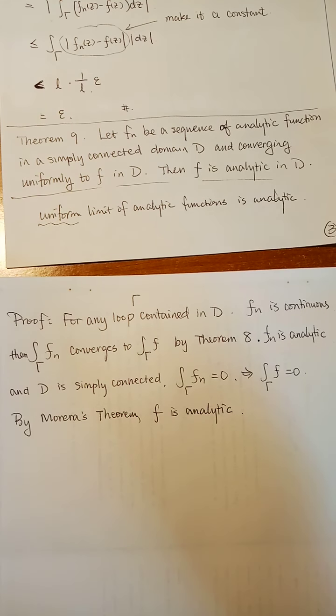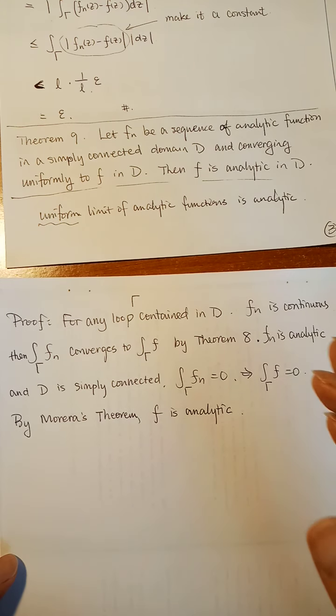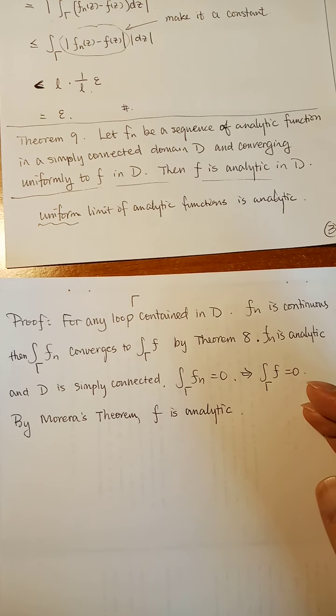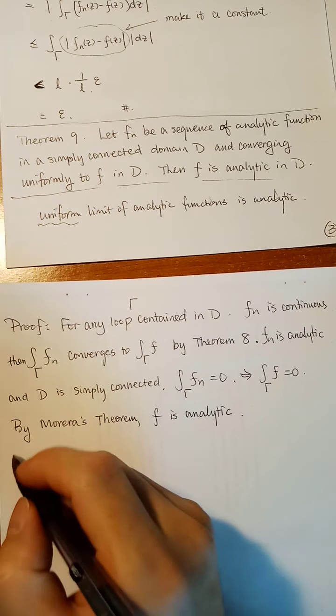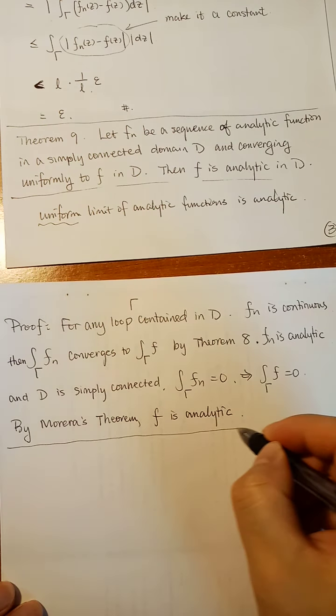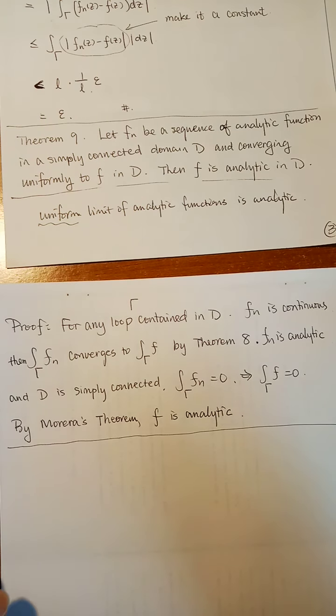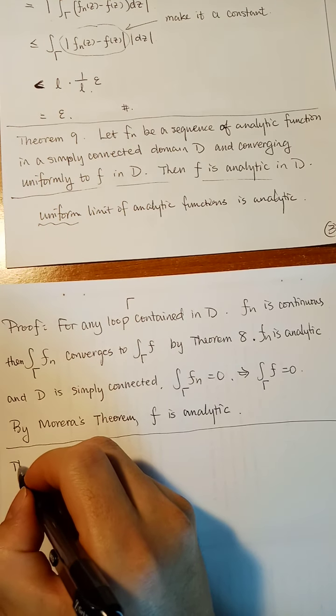So the power series is a limit of a sequence of analytic functions, and if you have the convergence, then you can pass it to the limit. Okay, so that's a theorem.